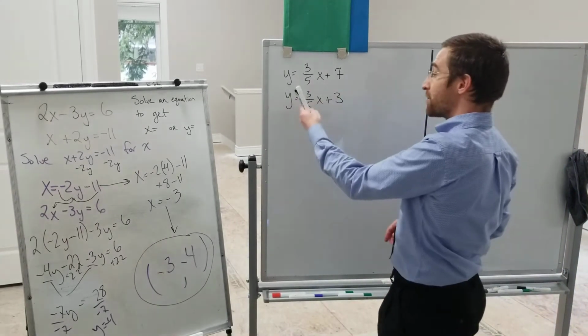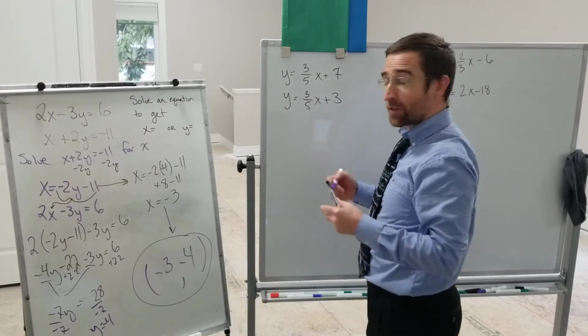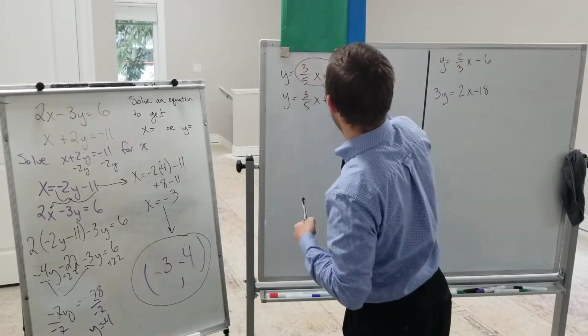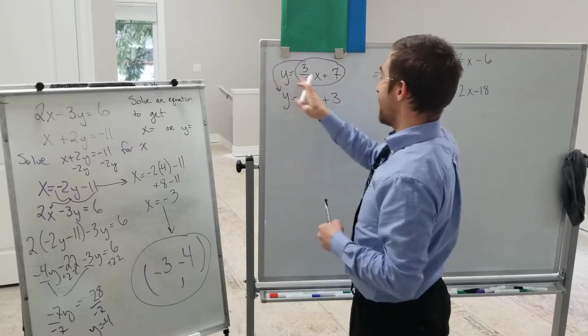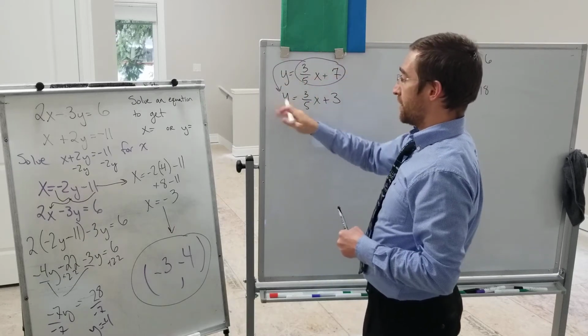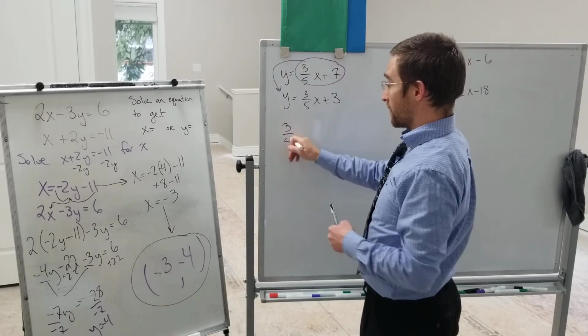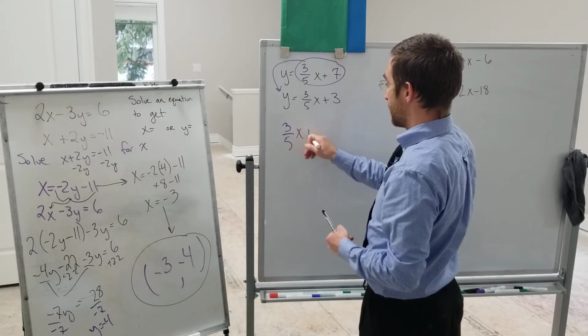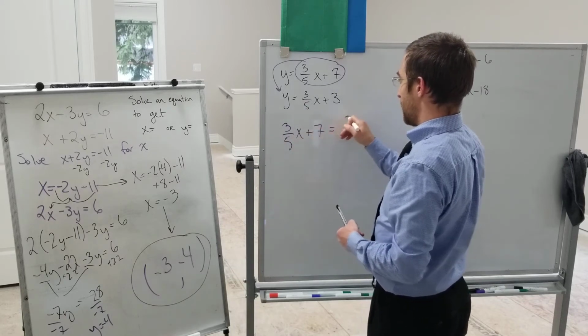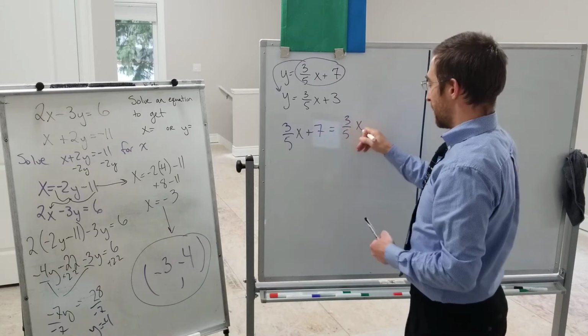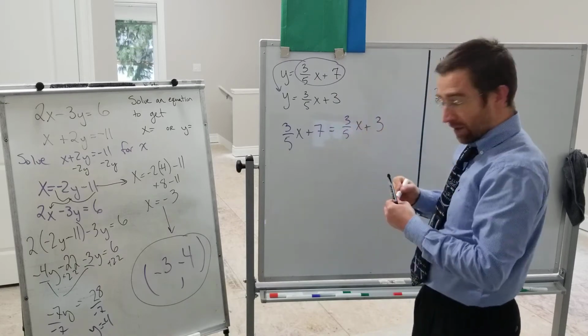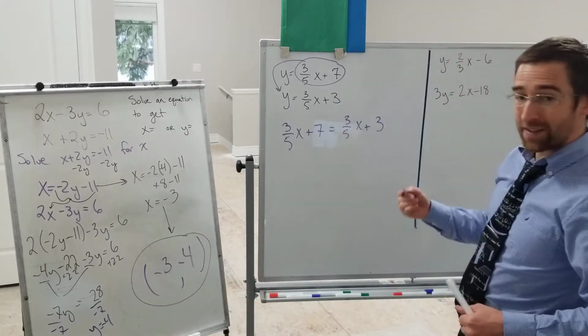It's y equals and y equals, so we can substitute this for that y. Y is equal to 3/5 x plus 7. So I can say, instead of this y, 3/5 x plus 7 equals 3/5 x plus 3. Well, remember, we want to get the x's on one side.